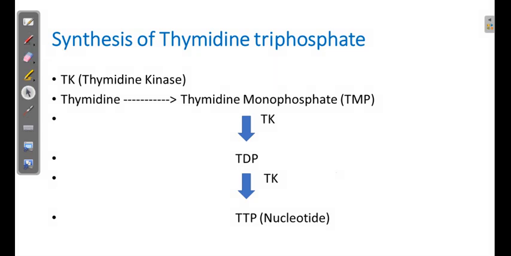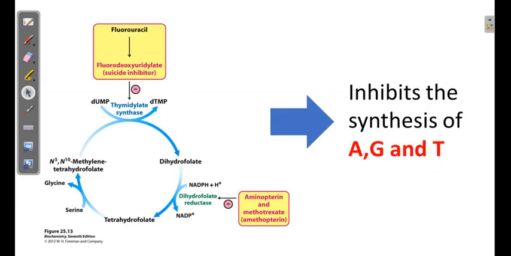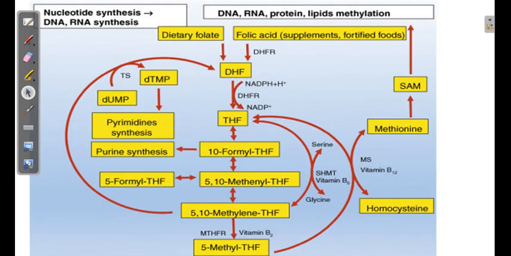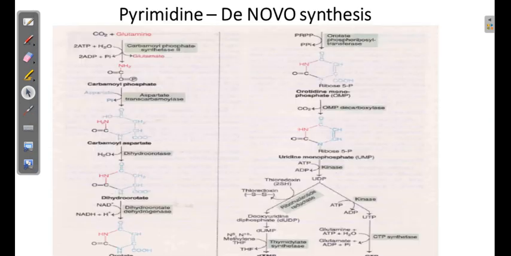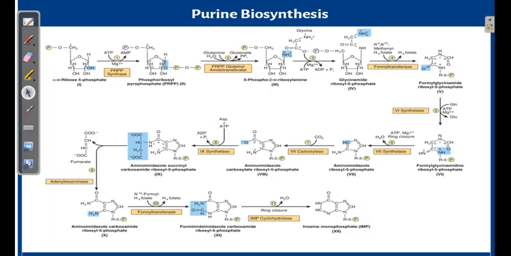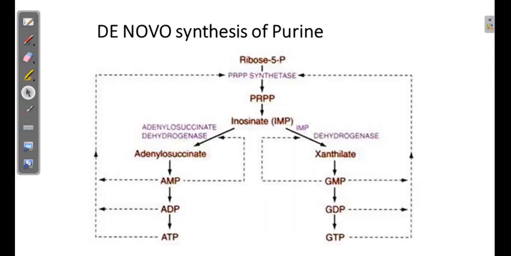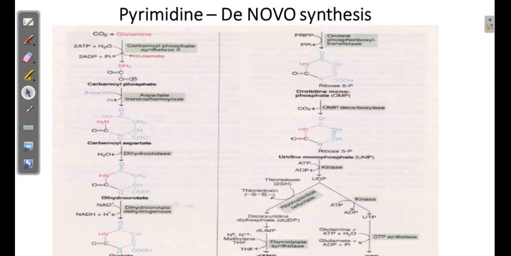For cytosine, the point is that to synthesize cytosine, there is no role of dihydrofolate or tetrahydrofolate. If you observe, this reaction is required for inosine monophosphate, and inosine monophosphate is the intermediate required for both adenine and guanine. Same way, for pyrimidine, uridine monophosphate is the intermediate, but only to synthesize thymidine do we require methylene tetrahydrofolate.